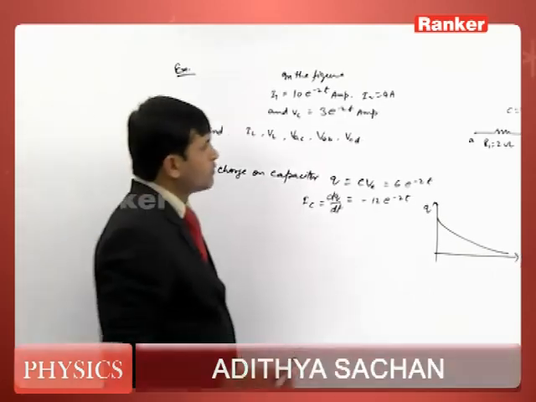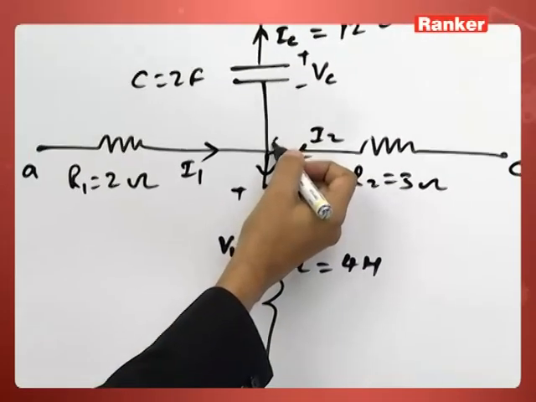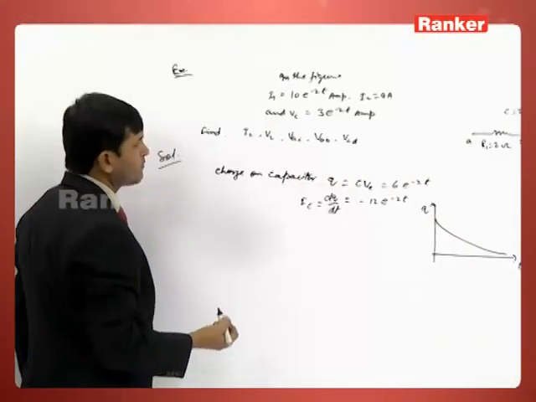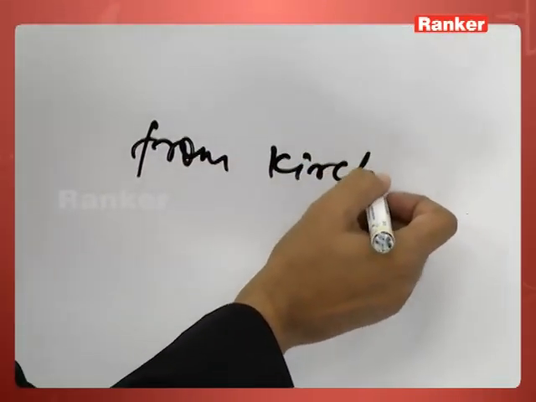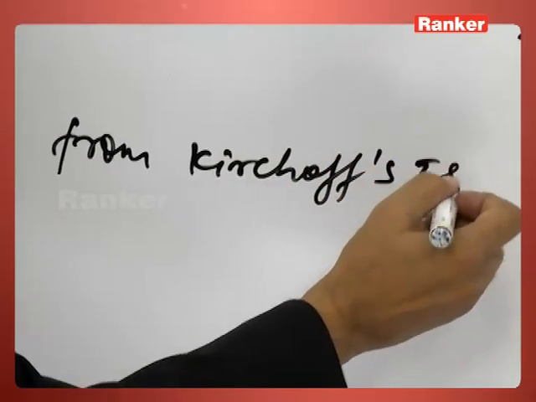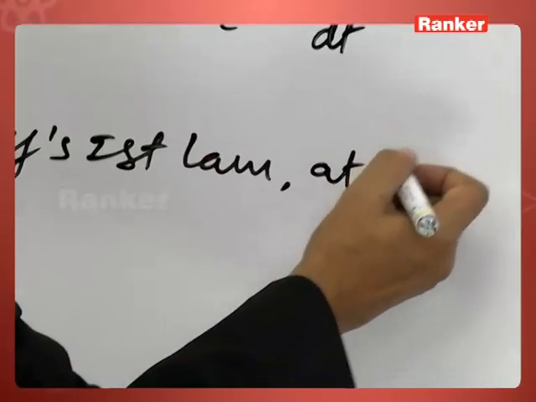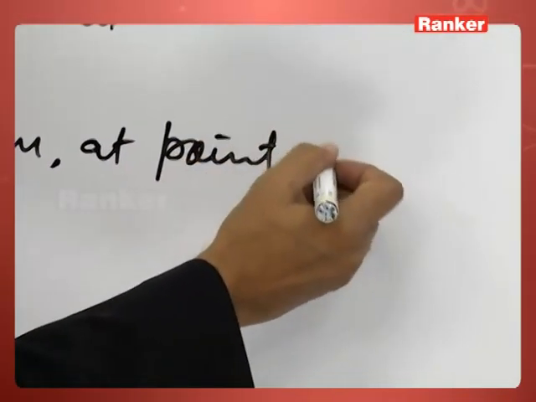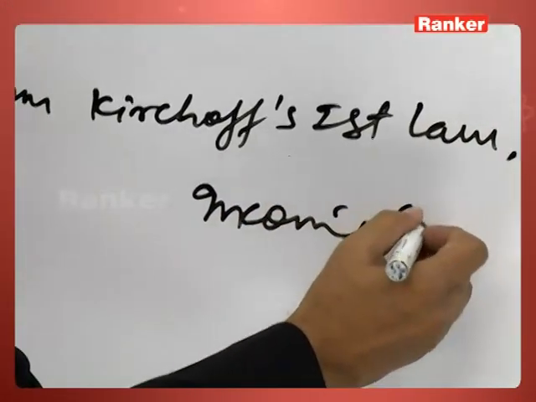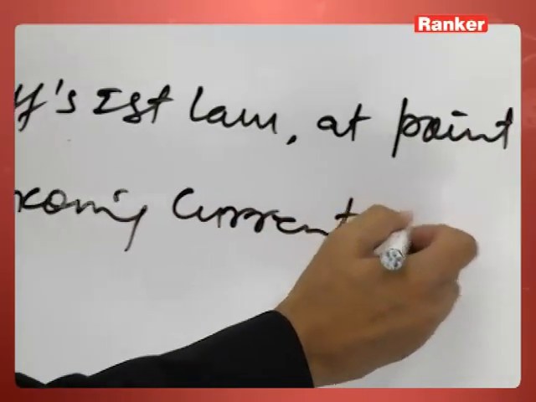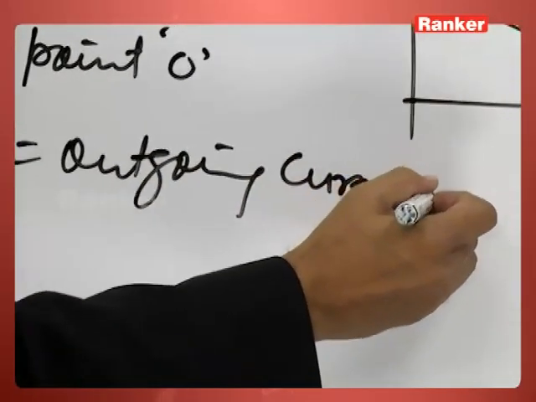Now, once we have found the current here, at junction O we use Kirchhoff's first law: incoming current is equal to outgoing current.